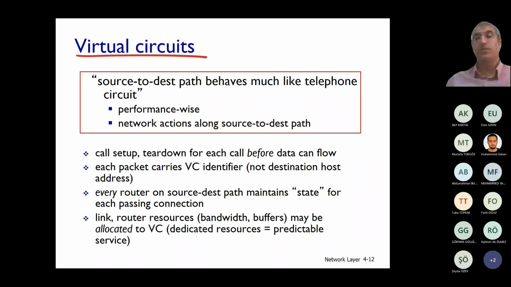In a virtual circuit, because it is a connection-oriented network, we first need to set up a call, then exchange data, and then close this connection for each call. So it consists of three steps: call setup, data exchange, and teardown for each call. In this type of network, each packet carries a VC ID.